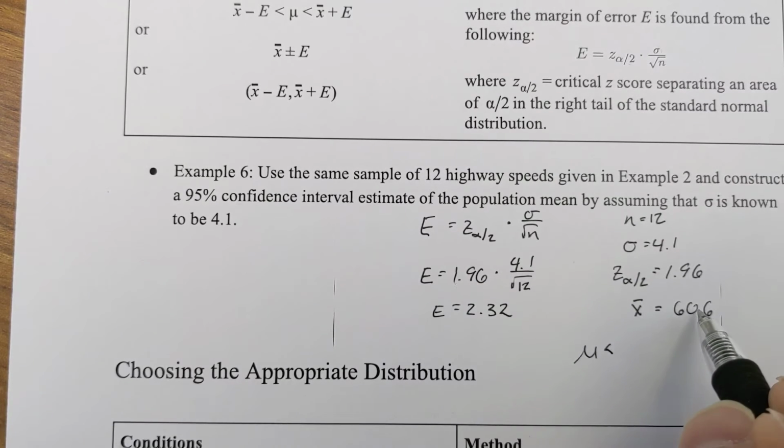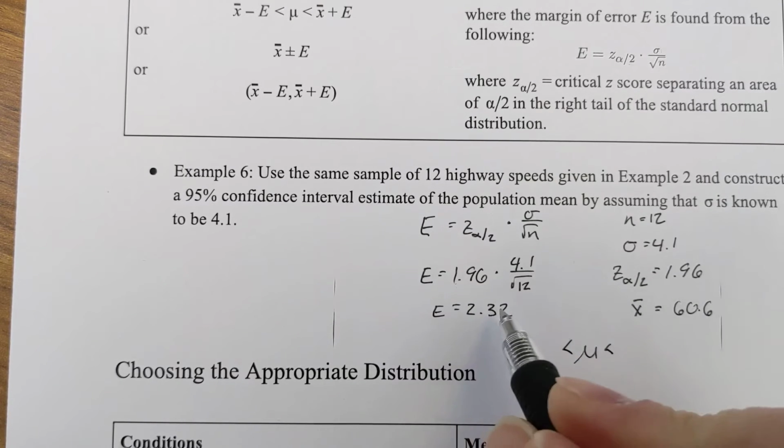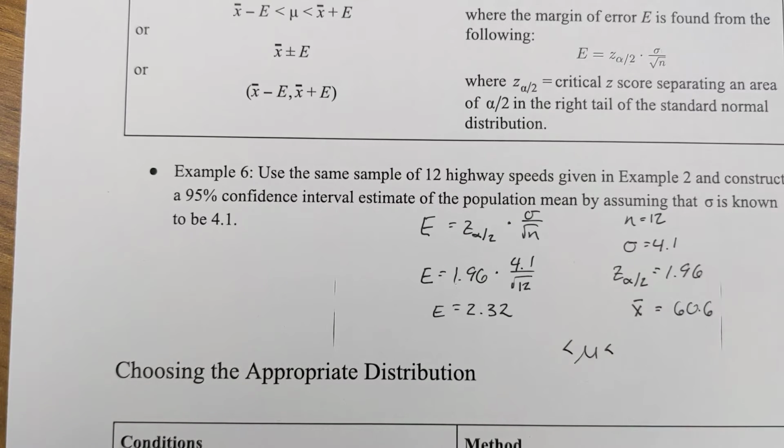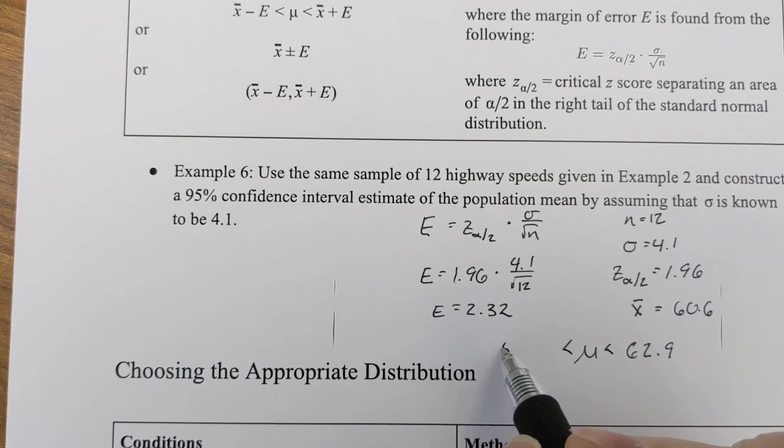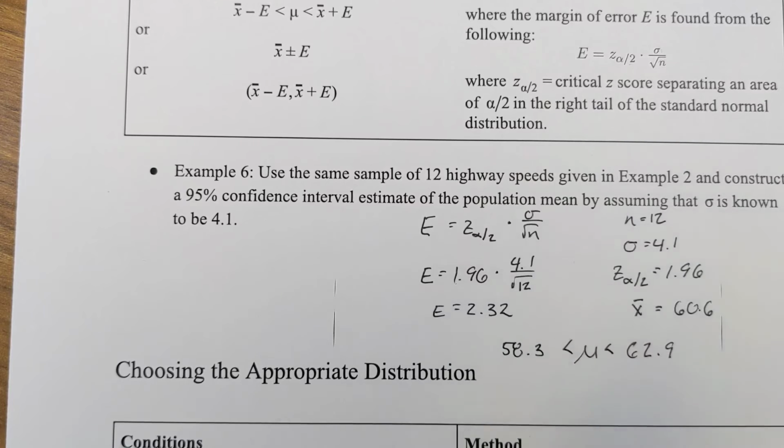So in this case, it is going to be 60.6 plus 2.32, if I can type in my calculator right. So this is 62.9 miles per hour, and on the bottom, 60.6 minus 2.32, so that is 58.3.